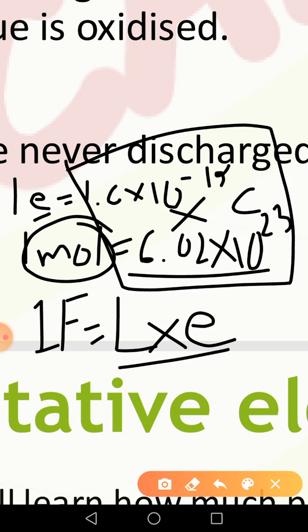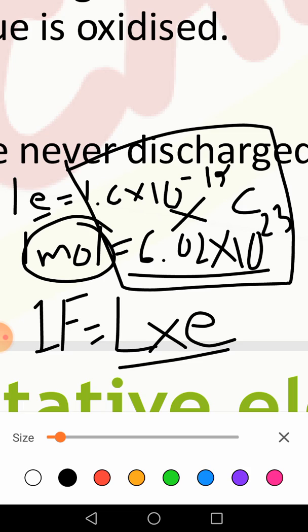The Avogadro number sometimes varies: somebody says 6.0 into 10 to the power 23, somebody says 6.02, somebody says 6.023. So this value can vary from one perspective to another. So the internationally accepted value of 1 Faraday or the Faraday constant is 96500 coulomb.